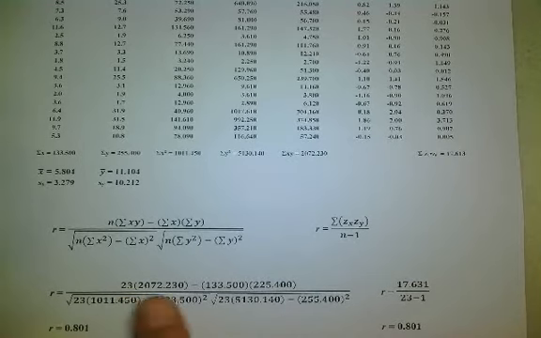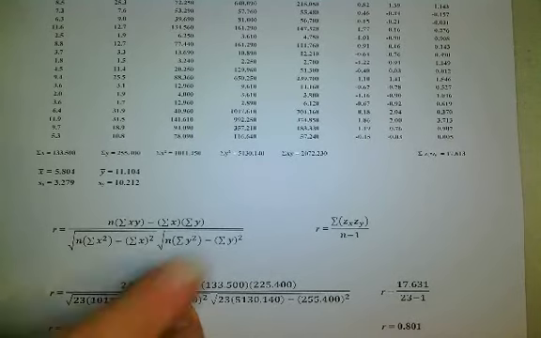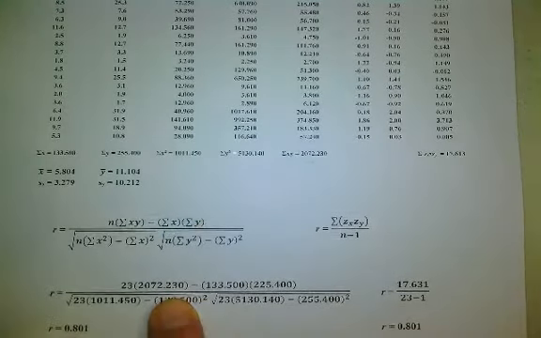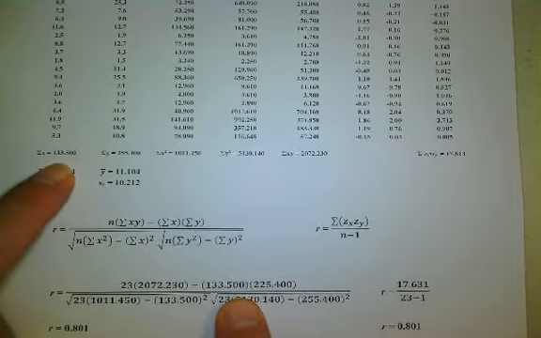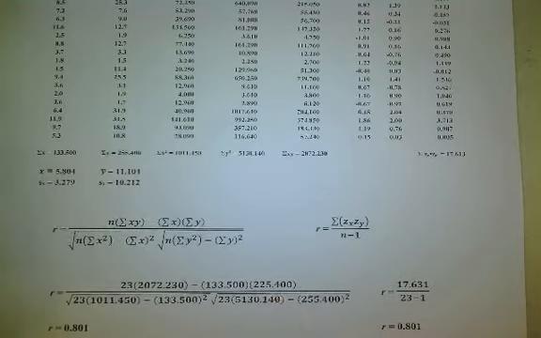So again, N is 23, the 207.23, that's the sum of the xy's. 133.5, that's the sum of the x's. 225, so you can see where all of those numbers are coming from.